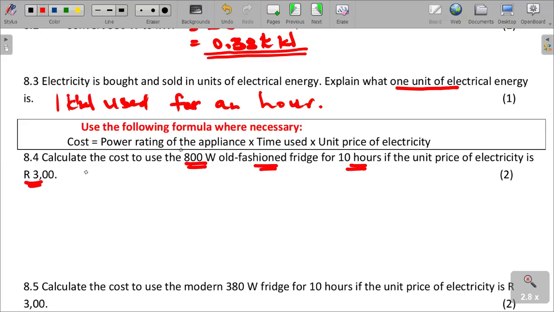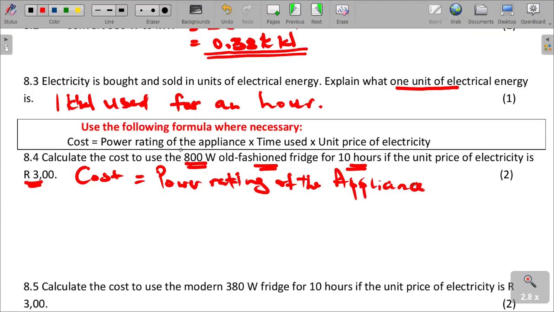We need to know that cost is equal to the power rating of the appliance multiplied by time used, multiplied by the unit price of electricity.